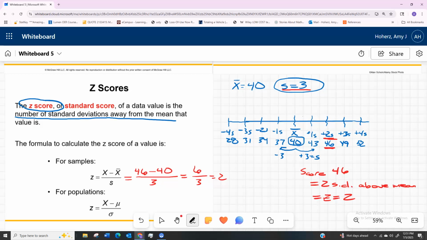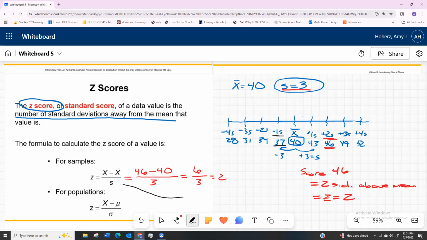So let's say somebody scored a 37. Okay, let's use a different color. Let's use black. Okay, so let's say somebody scored 37, and we can see on the number line that that's 1 standard deviation below average. So let's use the formula.